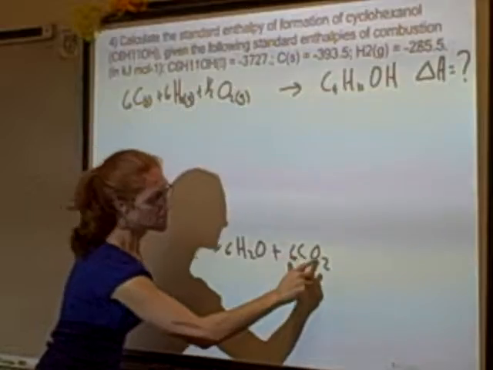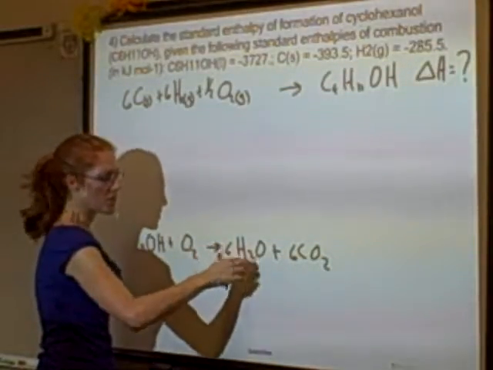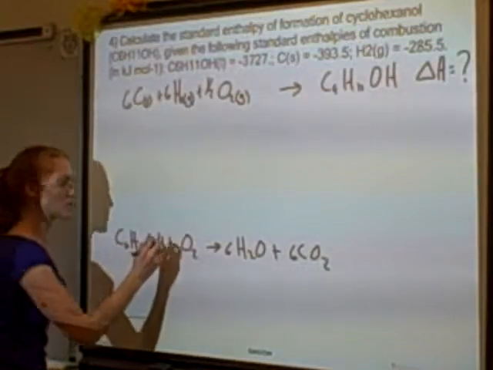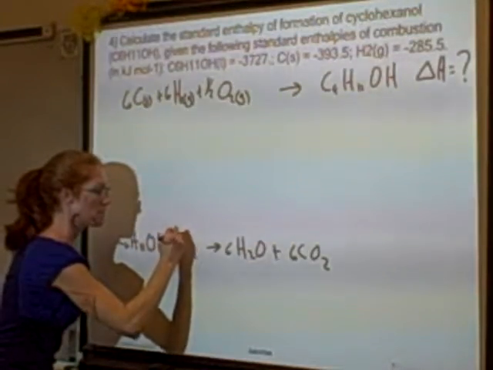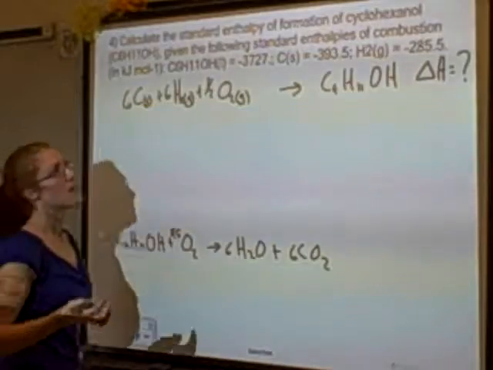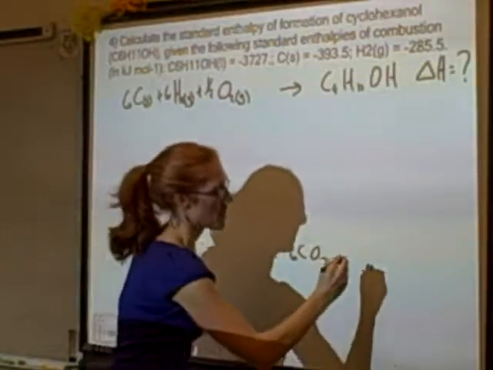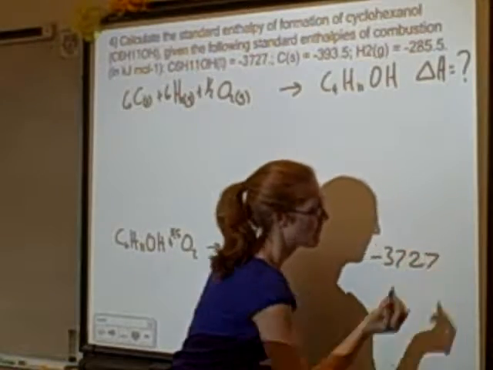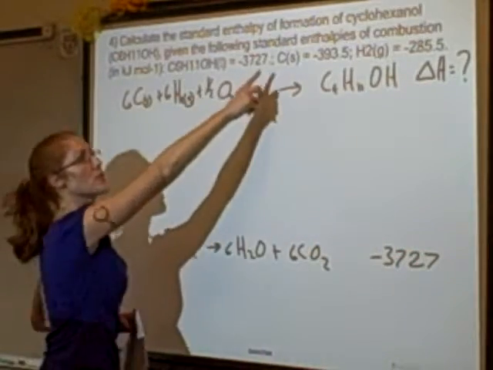Now I have 6 O2s. 6 more, so it's like having 9 O2s, but I've got 1/2 of an O2 right here. I have 1 O, so 8.5 O2s will balance my oxygens. And I'm given the change of enthalpy for that reaction. It's a negative 3,727.